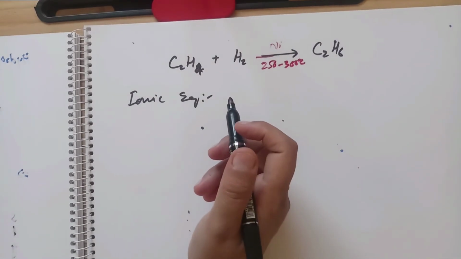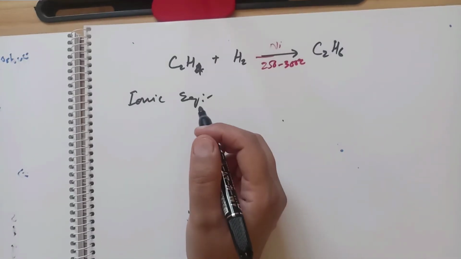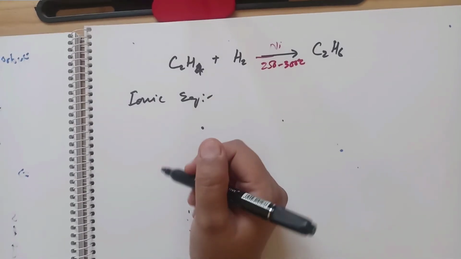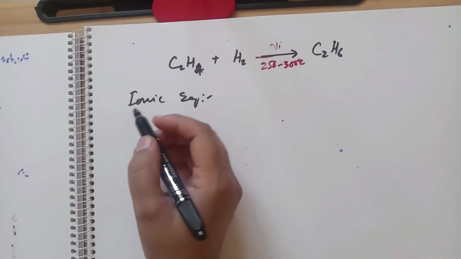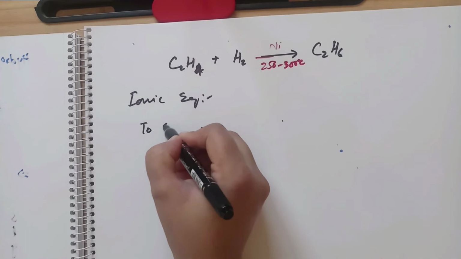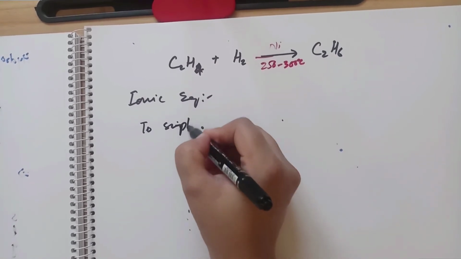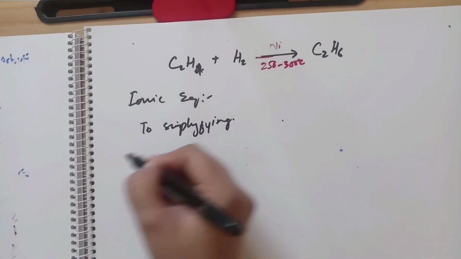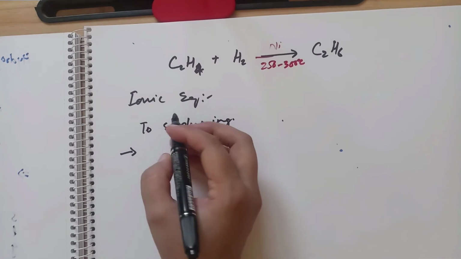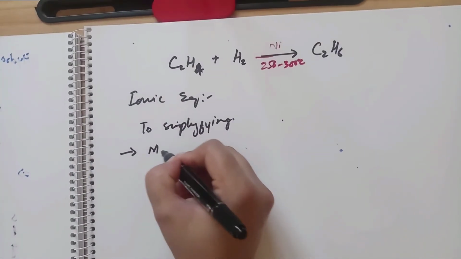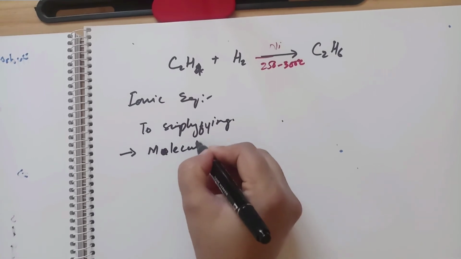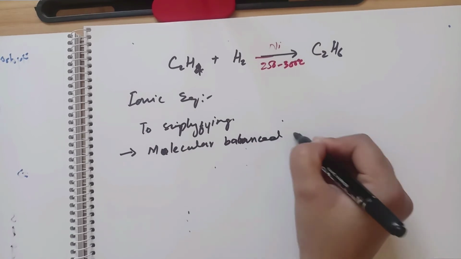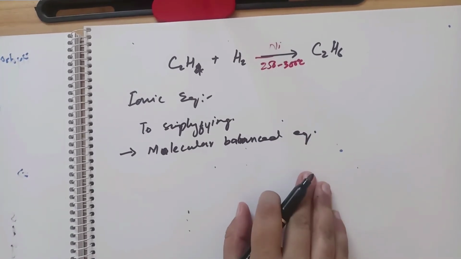For the ionic equation, only those compounds which are water soluble form the ions, and others will remain in the solution. To simplify this given equation, we have to do the following steps. Number 1, write the full molecular balanced equation.